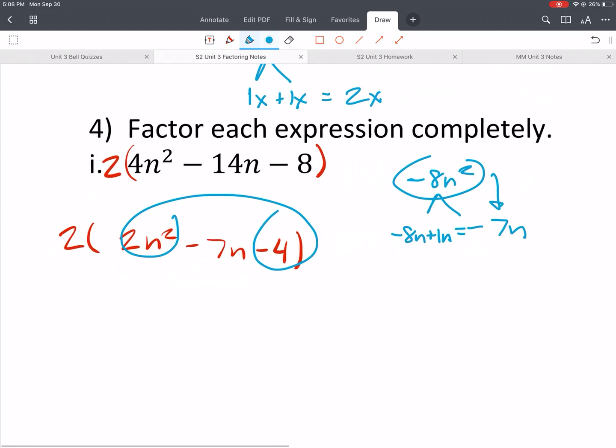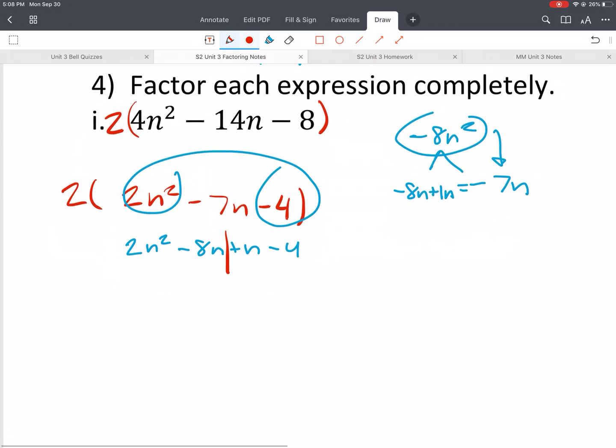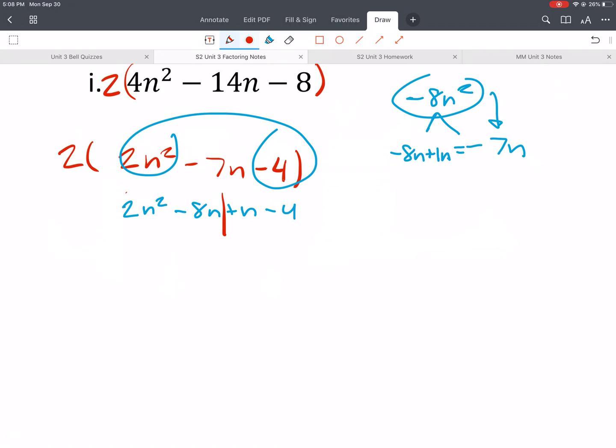So we'll have 2n squared minus 8n plus n minus 4. We'll do our grouping. So we can factor out 2n. So we'll have 2n times n minus 4. And here we factor out a 1. So we'll have plus 1 times n minus 4.